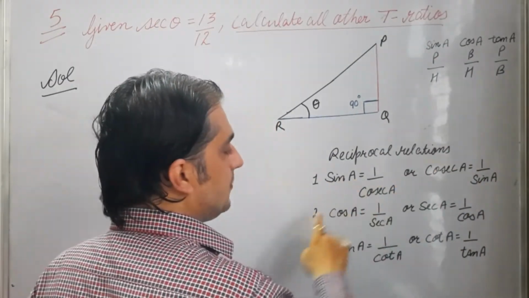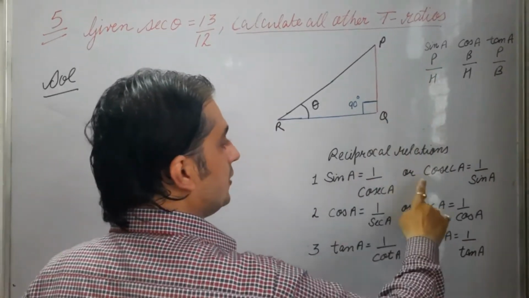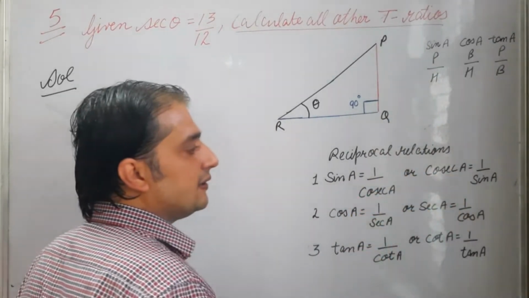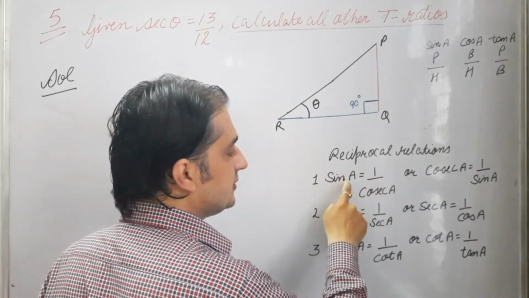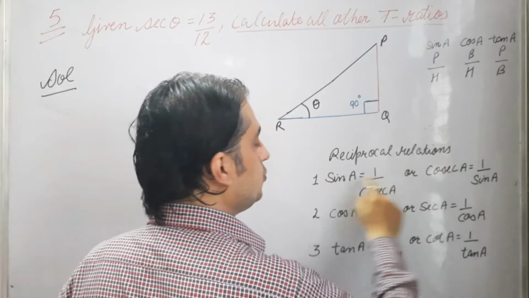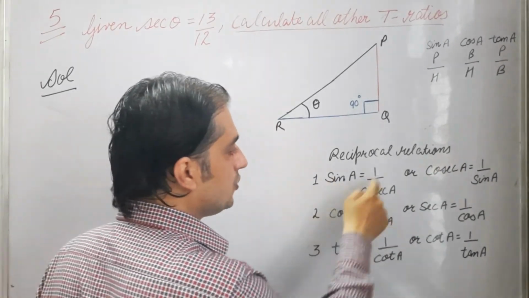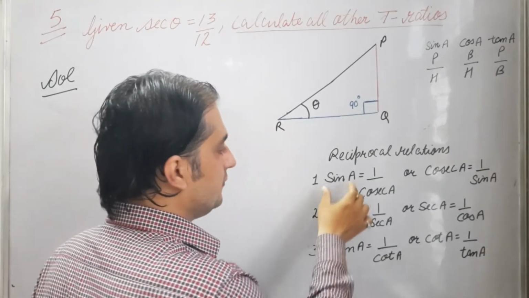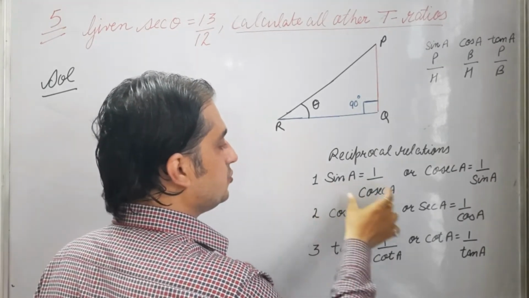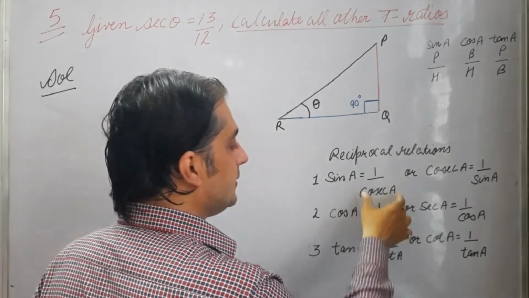So there are some reciprocal relations. If sin A is perpendicular by hypotenuse, what is cosecant of A? It's the reciprocal of this trigonometric ratio sin A. So the product of these two ratios is always 1. If this is P by H, this is H by P, right?